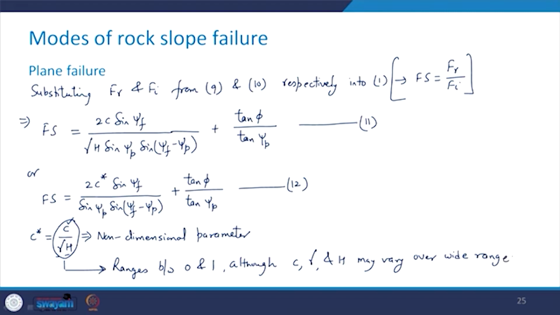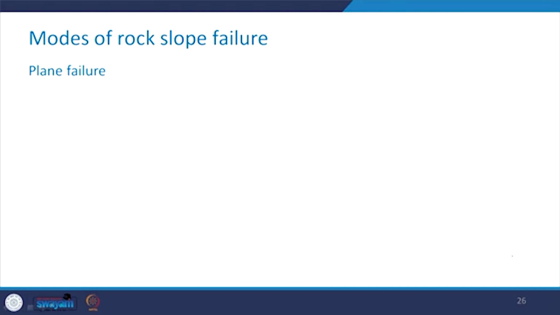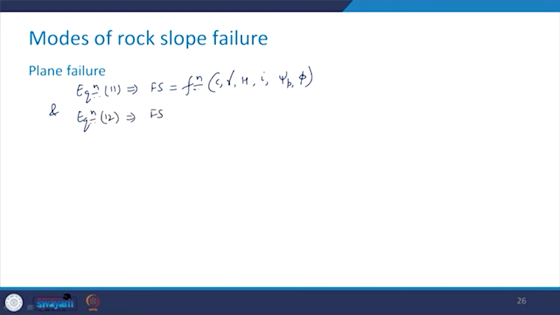So, this helps in representation of the results. So, we can see that in equation 11, the factor of safety is a function of c, gamma, h, psi f, psi p and phi, and in equation number 12, again the factor of safety is a function of only c star, psi f, psi p and phi.